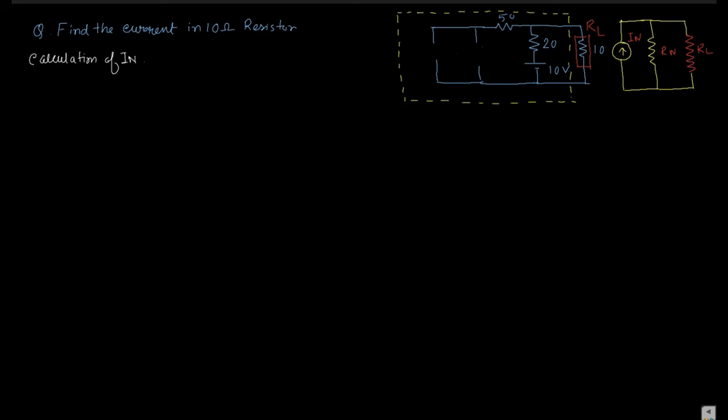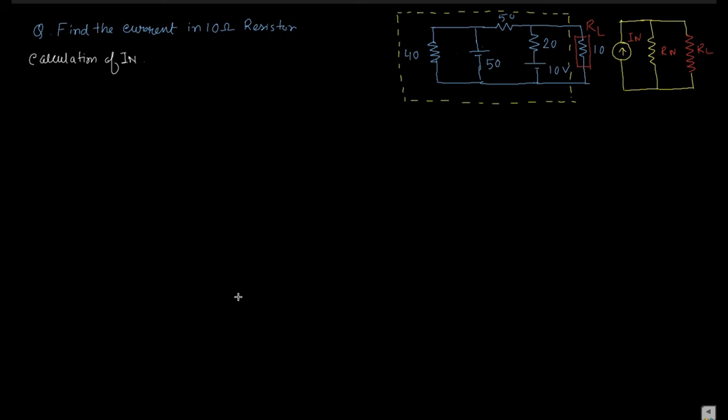If the 40 ohm is connected over here and the voltage source is connected over here, this is a 50 volt and this is a 40 ohm, then is there any problem? No, sir. Okay.